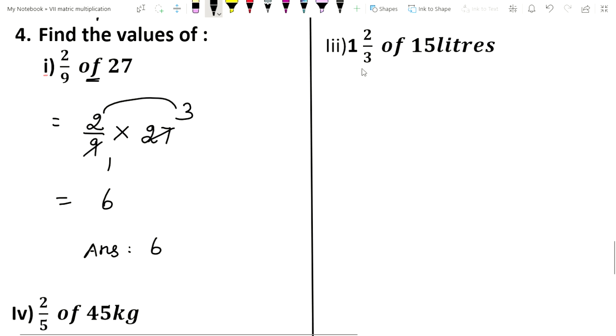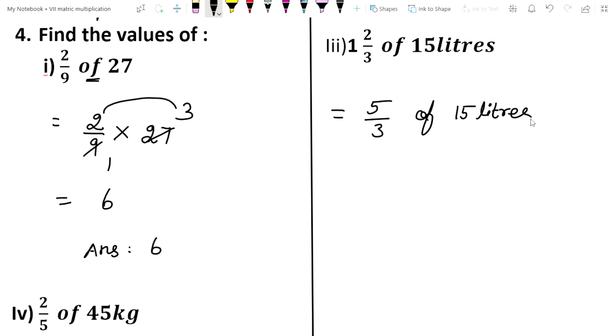See the third one. 1 2/3 of 15 liters. First you convert into an improper fraction. 3 ones are 3, 3 plus 2, 5. 5 by 3 of 15 liters. Now replace this, 5 by 3 into 15 liters.